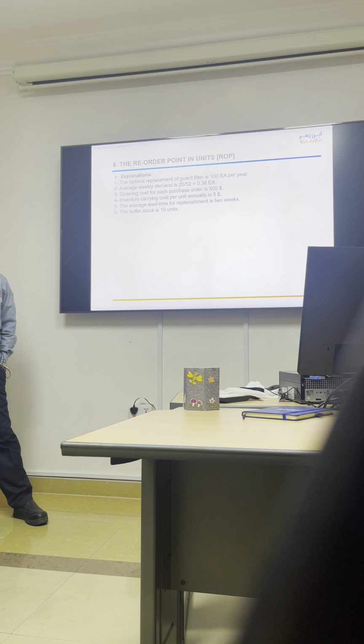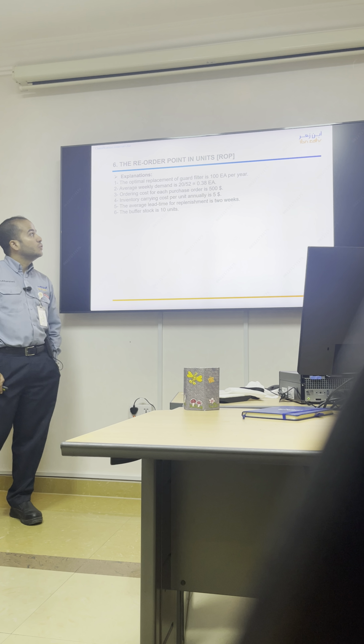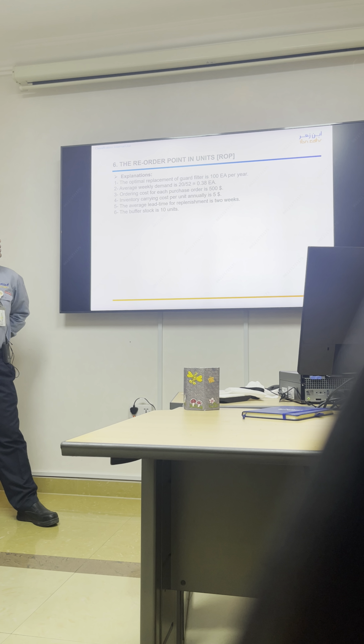So explanation: the optimum replacement of the guard is 20 per year. Average weekly demand is, as we said, 20 required divided by 52. In the year we have 52 weeks, so equals 0.38. Ordering cost for each purchase order is $500. Inventory carrying cost per unit annually is $5.